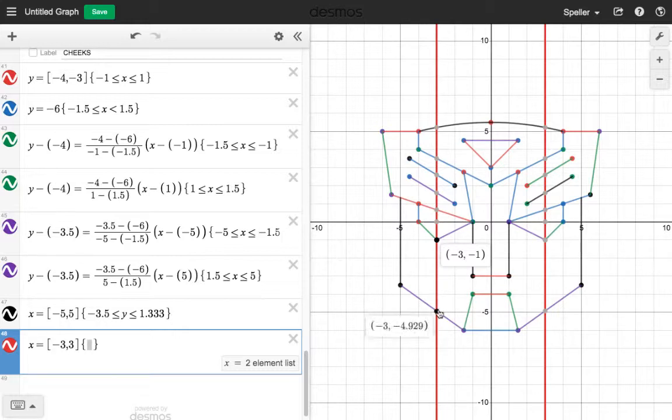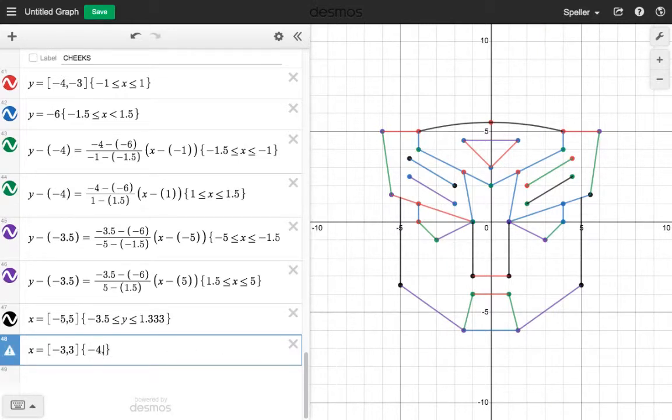So I want these to go from -4.929 less than or equal to y, because it's the range, and that, I believe it was, oops, was it -3? What was it? It was -1. So to -1. All right, so there we have our Autobot logo.